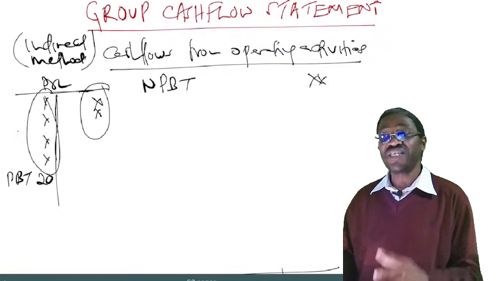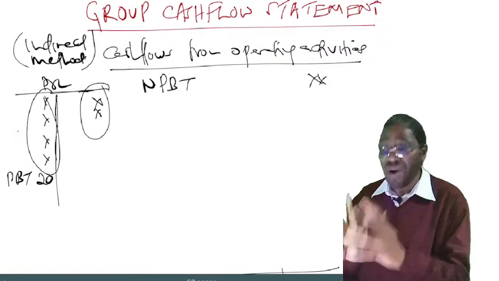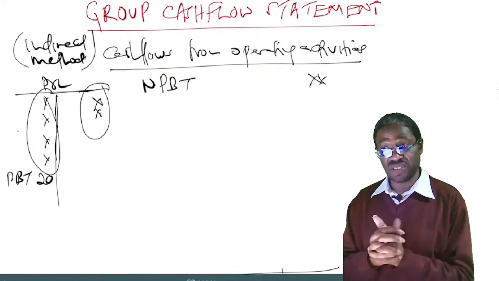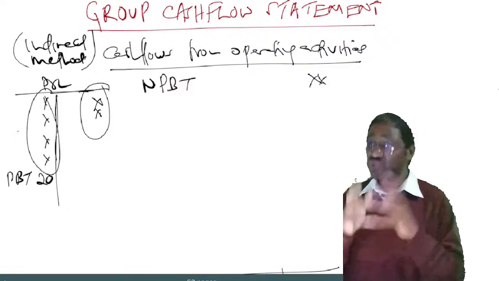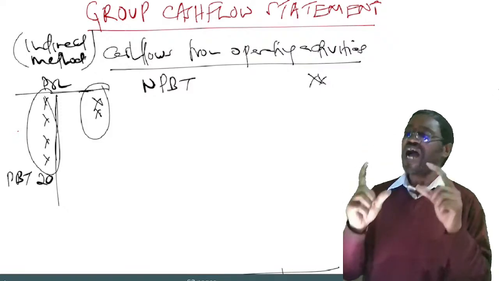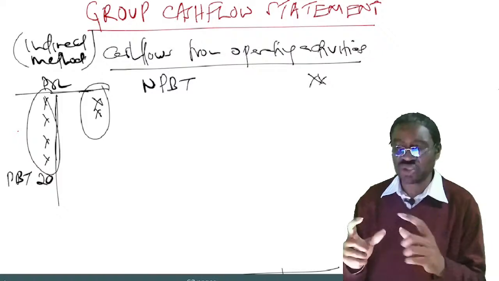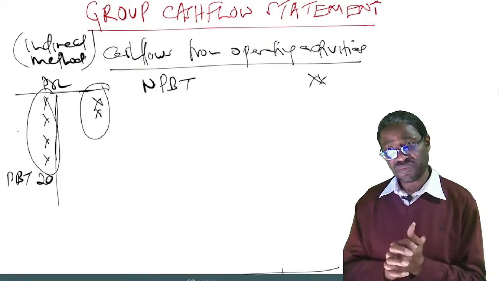Remember, we are determining cash flows from operating activities, and we have defined operating activities as those transactions that are used in the determination of profit.